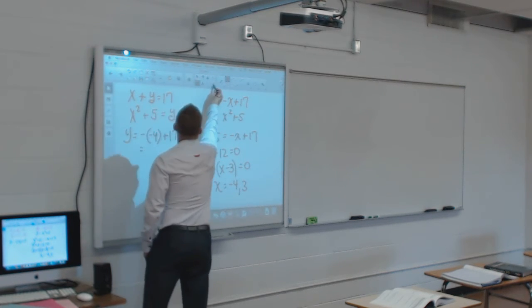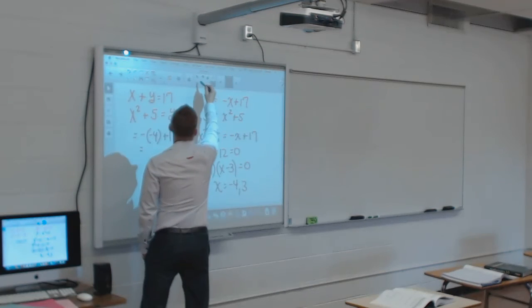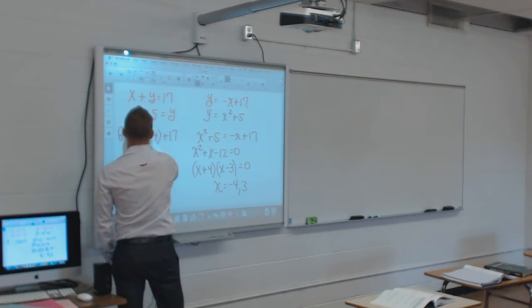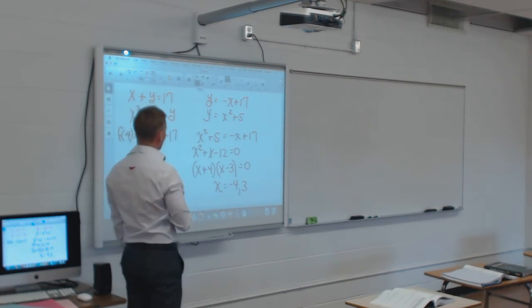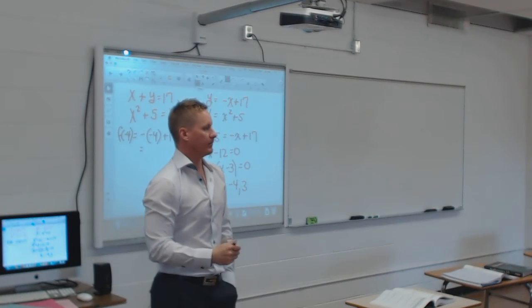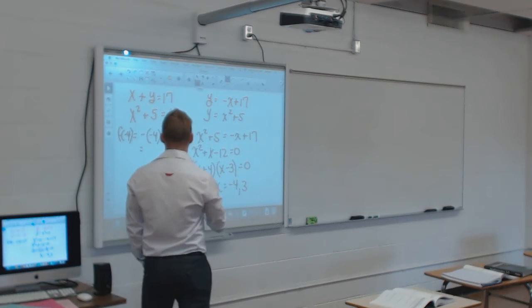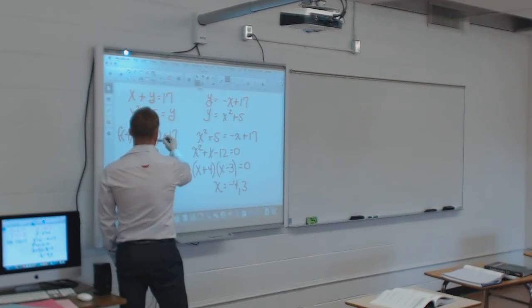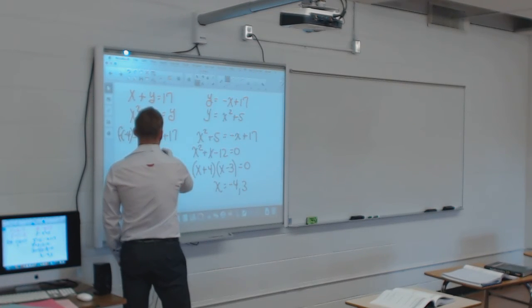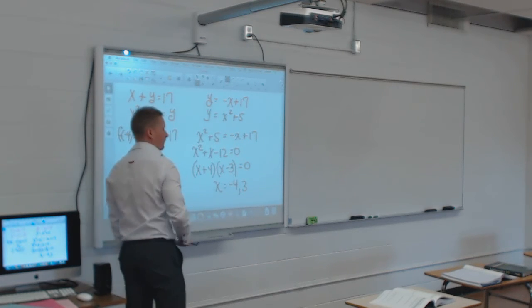Actually, I'm going to do this more formally so you get a better idea. f of -4. What I want to know is what my y value is when x is -4. Plus 4, add that, 21. So what's my coordinate? -4 and 21.